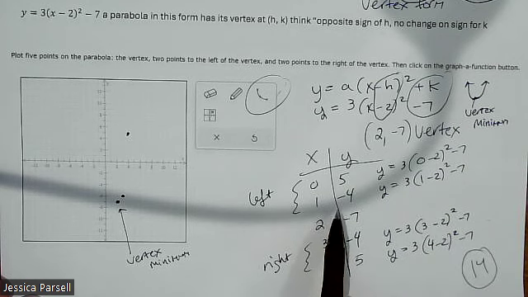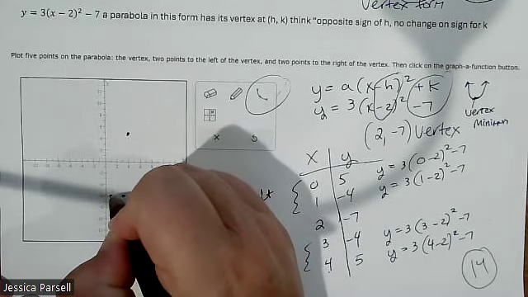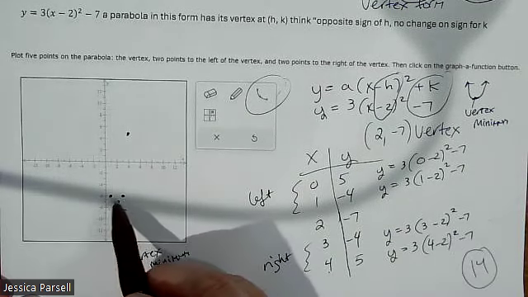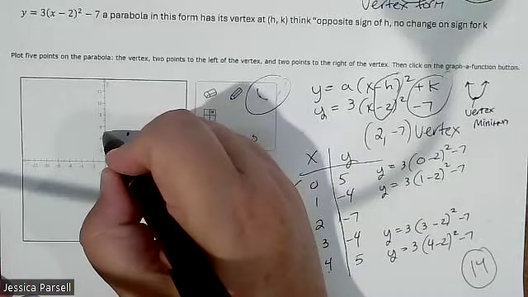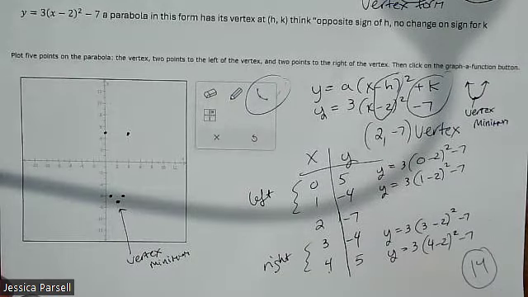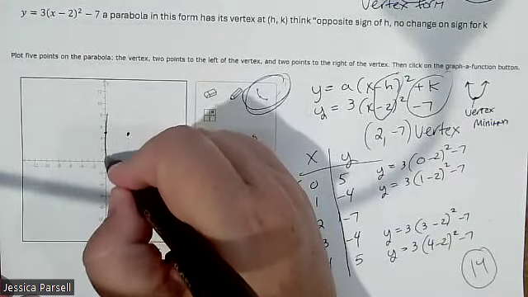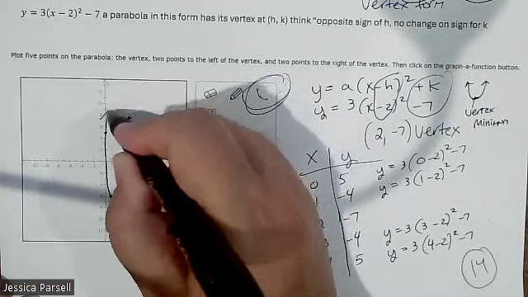Let's graph this. 1 and -4. That looks very symmetrical to that. And 0, 5. All right, now we'll click on this graph a function button, and it should draw a skinny little parabola, just like that.